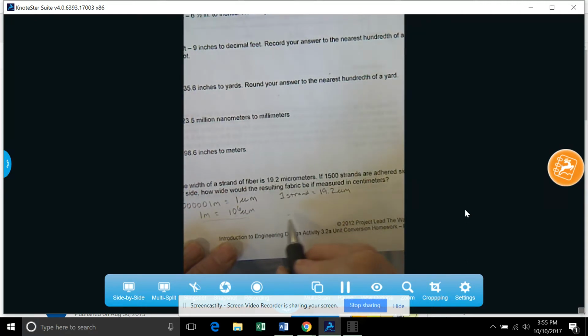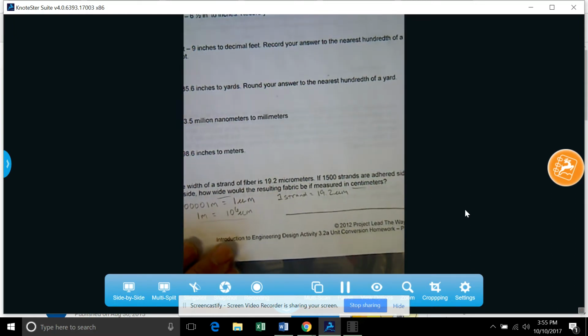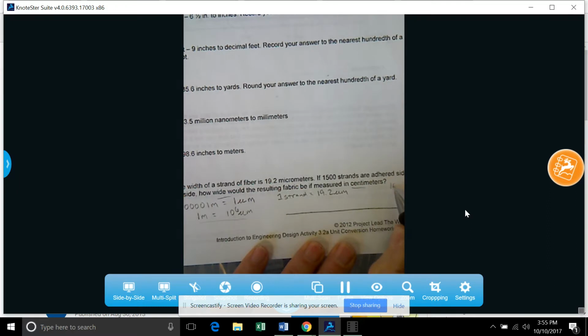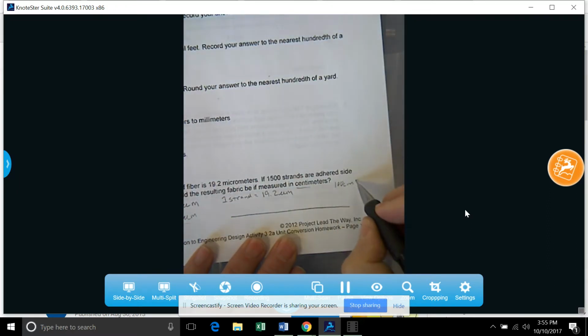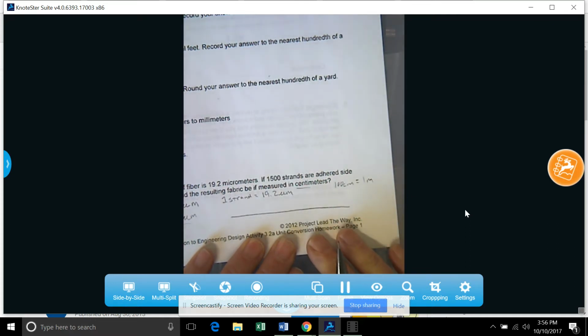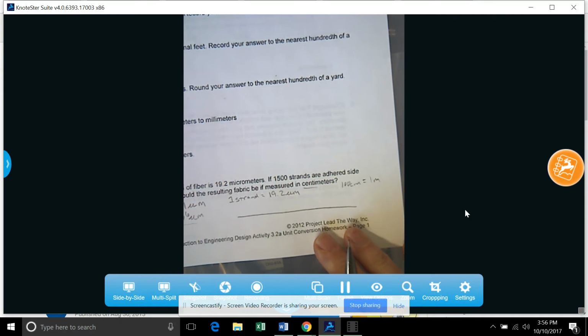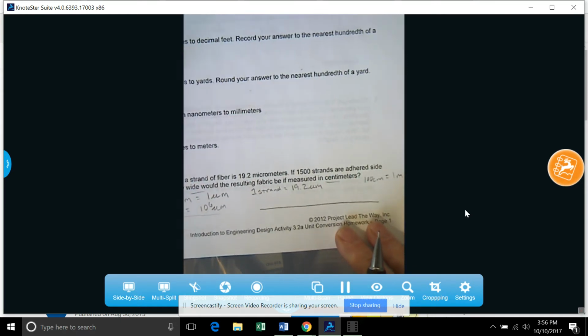I want my answer to be in how wide would the resulting fabric be in centimeters. Oh, there's going to be another conversion in here. So I know that I have 100 centimeters is equal to 1 meter. So the way I suggest to do that, we could do it in several steps, and that's fine, but we can actually do it in one nice problem this way.